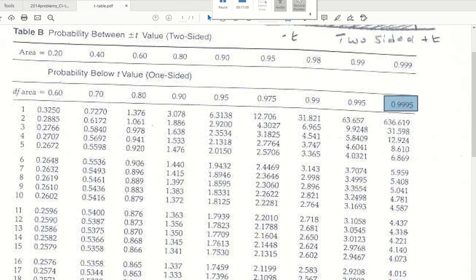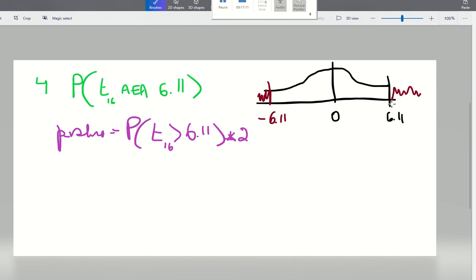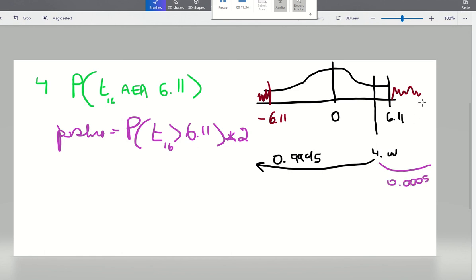So how do I interpret this? That means that if I was looking up the t, my t stops at 4 point something, and it has an area below that of 0.9995, meaning that the area above 4 point something is 0.0005. And yet my actual probability is still smaller than this.